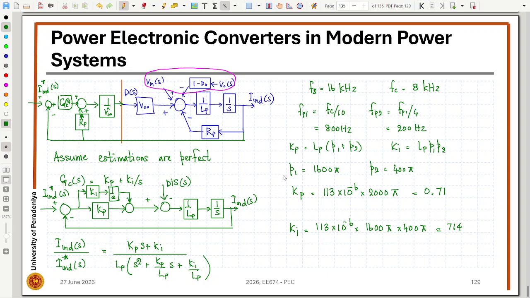For the buck converter as well as the boost converter, once we have the inductor current, you can go for output voltage control or input voltage control as per the requirement. So I assume that you can extend this to the other level and develop an outer voltage controller or input voltage controller based on your requirement.